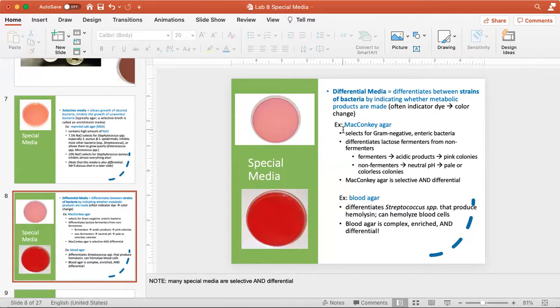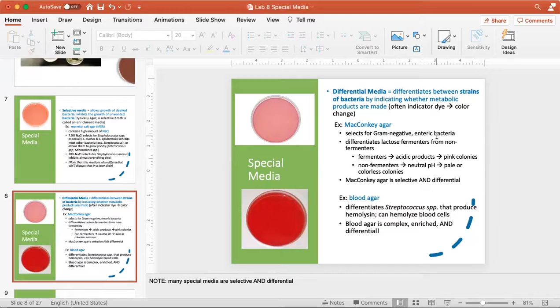Now, McConkey Agar is going to select specifically, in other words, it's going to allow to grow gram-negative enteric bacteria. So gram-positives can't grow on McConkey because of what's in it. That's selective, and it's going to differentiate certain kinds of enteric bacteria.